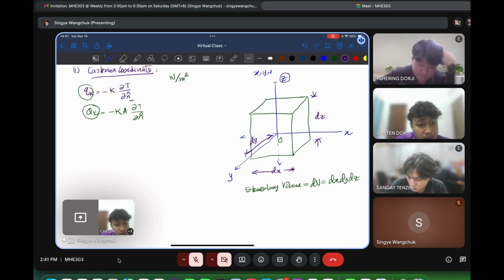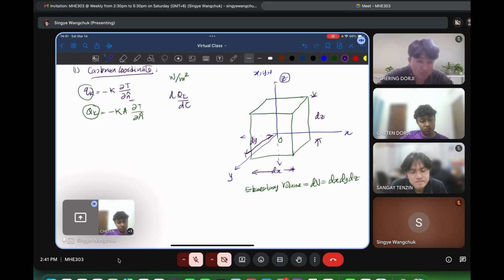So from here, this one can be further broken down. This is actually q_k, the rate of heat flow. Now I'm planning to take only the heat flow.